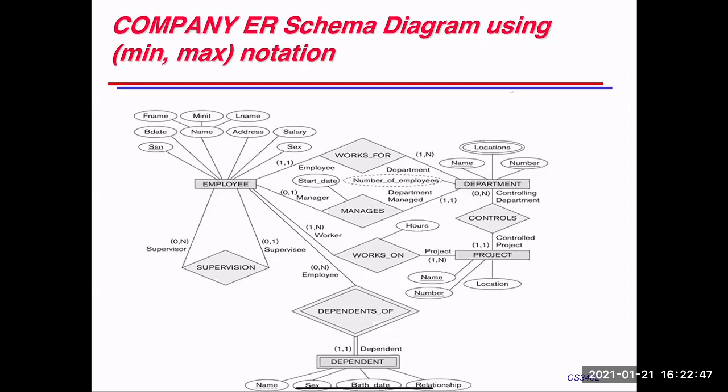But strictly speaking, you're right that we don't really need this double line anymore, because you're already specifying this total participation using the one-to-one constraint. On the other hand, nobody stops you from still adding these double lines if you like. It really depends on how formal you want to be.